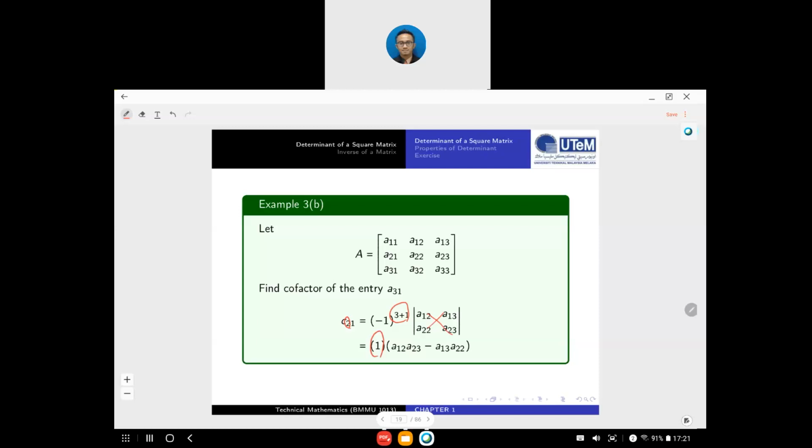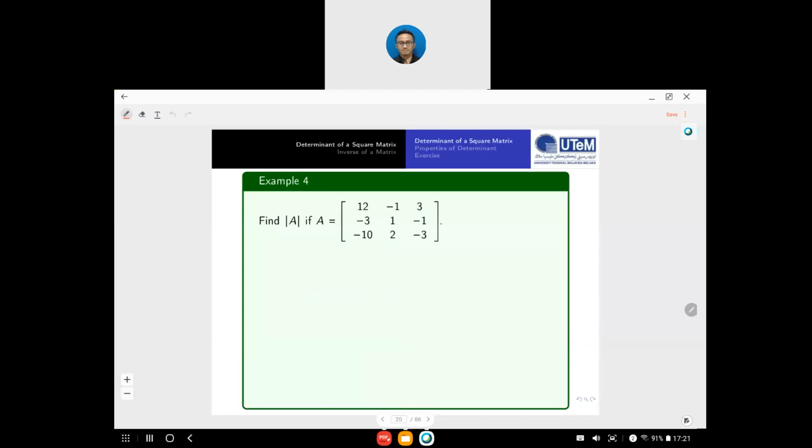Okay, we continue with the next exercise. Look at example 4. Find the determinant of matrix A if A equals 12, negative 1, 3, negative 3, 1, negative 1, negative 10, 2, and negative 3. So this one, you can choose any row that you like.